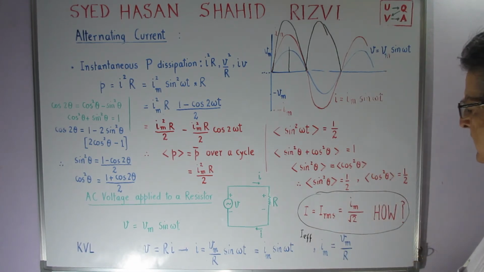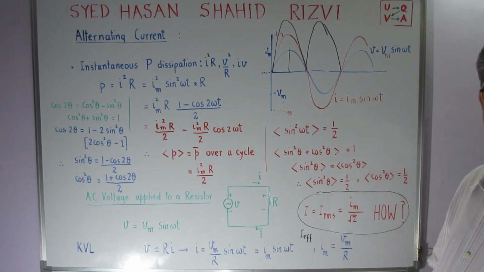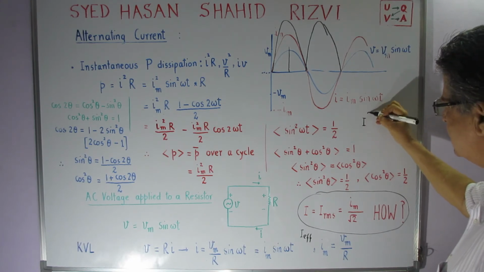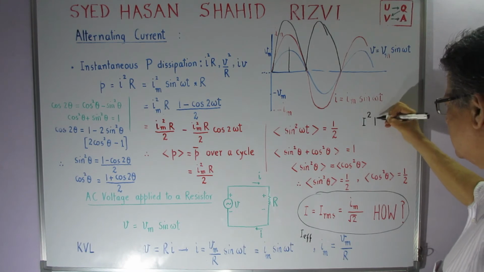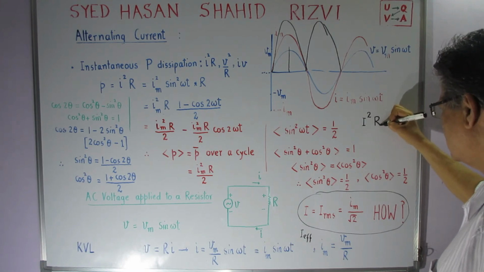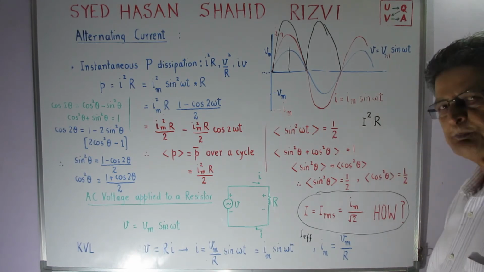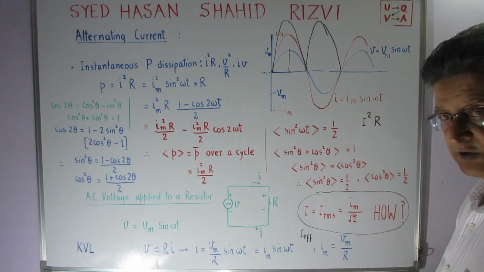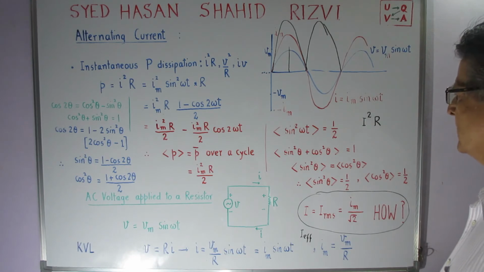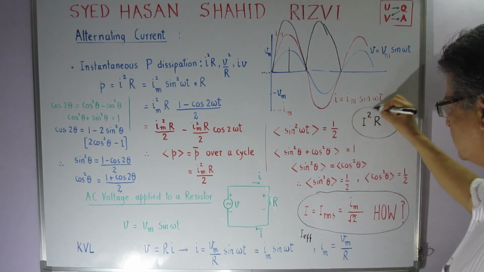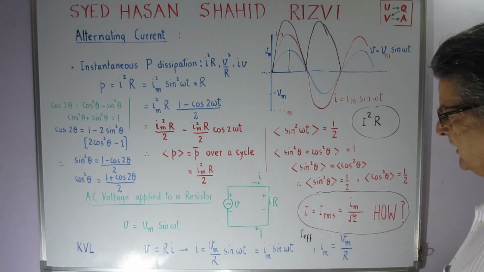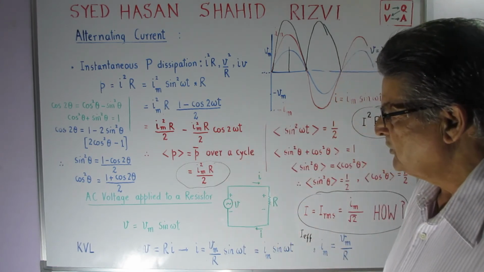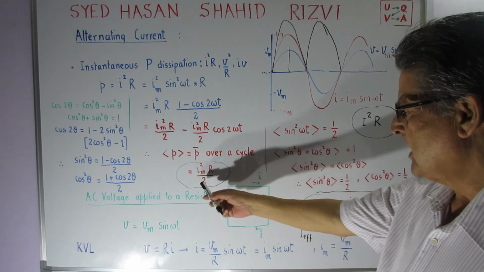Then you will know, friends, that if there is DC and the DC value is I, and our resistor only knows how to dissipate in the form of Joule heating, then the average power will be equal to I square R. And here I am getting the power value as Im square R upon 2.